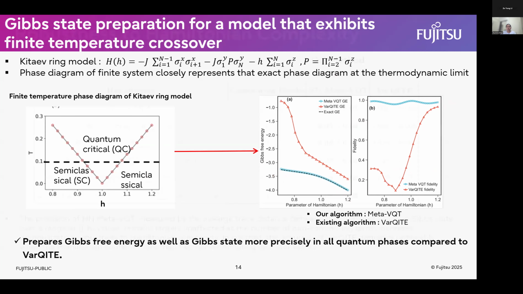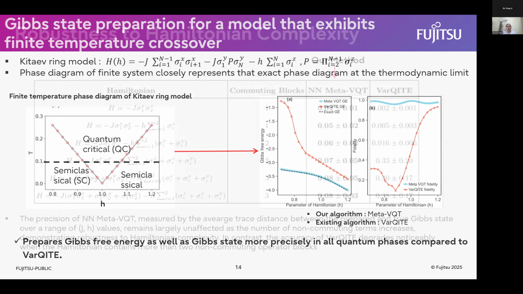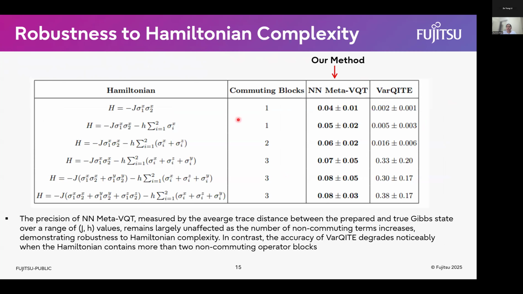And we also tried to understand how robust our method is when we increase the Hamiltonian complexity in terms of the commuting blocks, like when we add more non-commuting terms to the Hamiltonian. Here we have considered neural network based meta VQT, and we observe that the accuracy is pretty good.